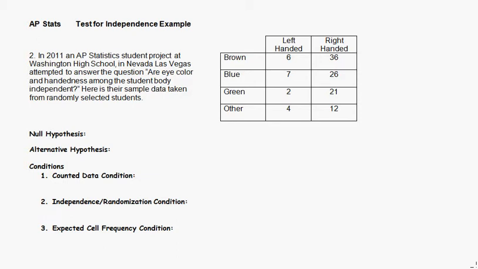One of the things that we notice quickly is that we have counted data for, I think, two categorical variables.